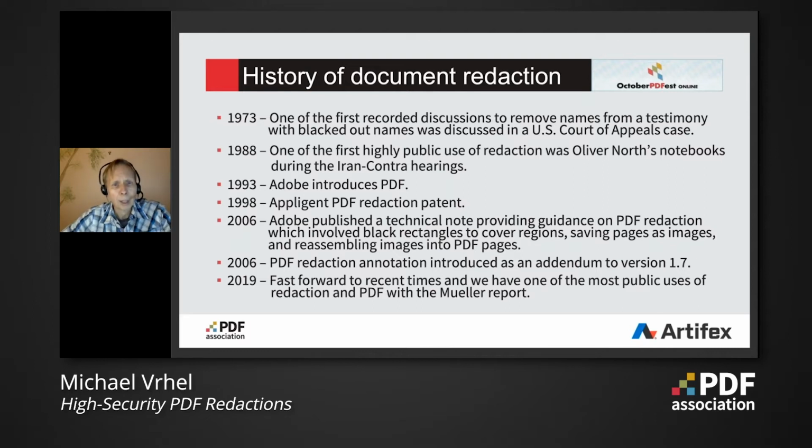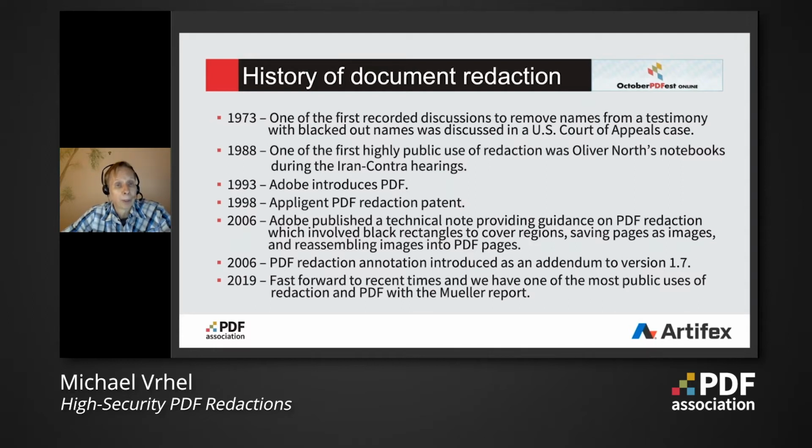And then 20 years later, in 1993, Adobe introduced the PDF specification. And 5 years after that, in 1998, Appligent received a patent for doing PDF redaction. In 2006, Adobe published a technical note providing some guidance on PDF redaction, and also introduced an addendum to PDF version 1.7, where they introduced the redaction annotation.